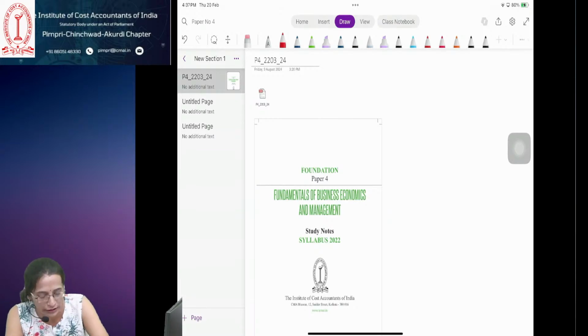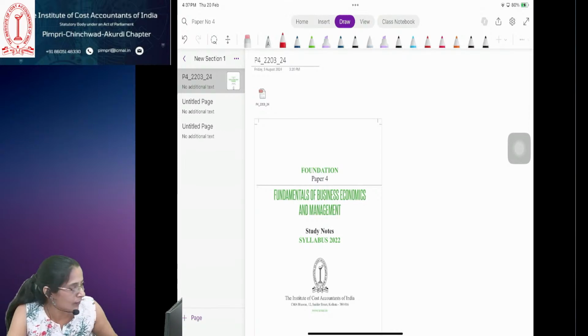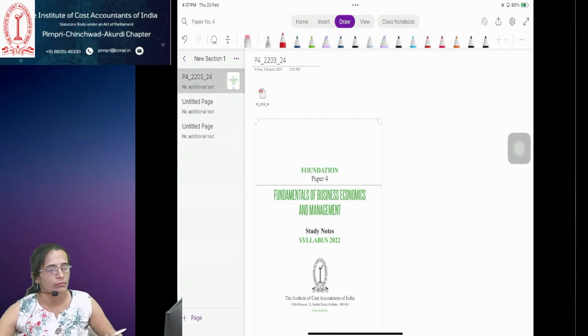Saili, Piyush, what do you think? I'm replying to her. Is economic cost an expense? It is a cost, so will it be an expense? So economic cost is an expense.